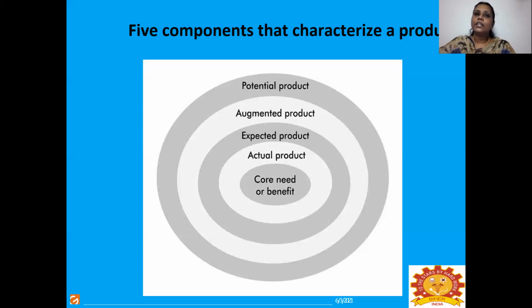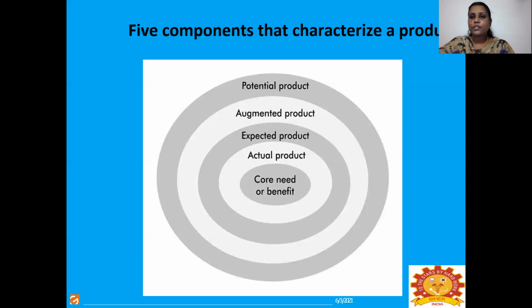And then you have the core need or the benefit. This is the main reason why a customer should buy your product, and this represents the fundamental need or the fundamental want which you are striving to satisfy. So in simple terms, marketing is all about identification and fulfillment of needs.